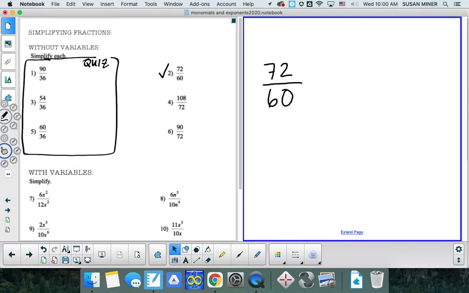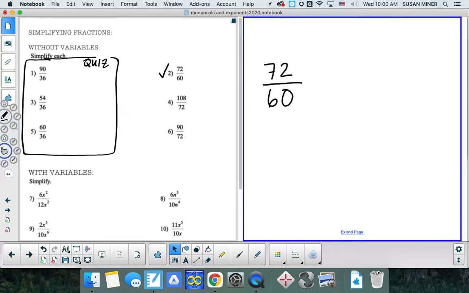Okay, so whenever I have a fraction, what I'm looking for is what can I divide both of these numbers by? And I'm thinking about what we call factoring. Factoring means breaking numbers out into different numbers that we can multiply together in order to get that number.